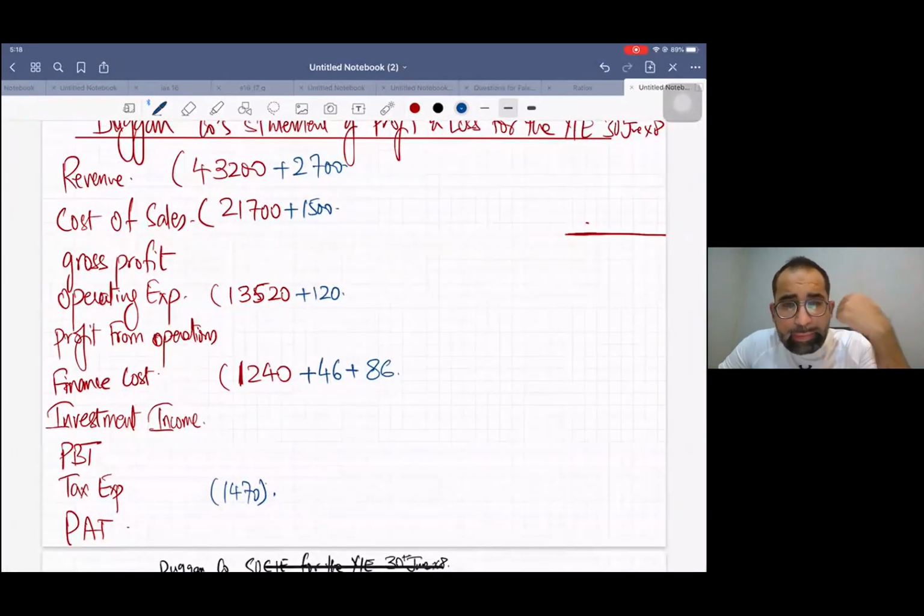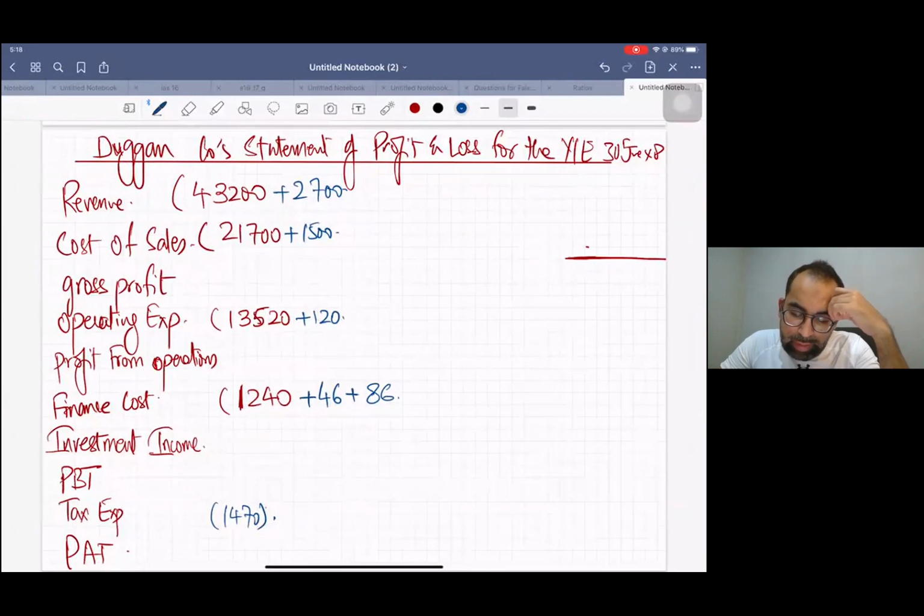I've adjusted tax expense 1470, and 86 in the finance cost. I'm doing real time updating so that we don't forget anything.